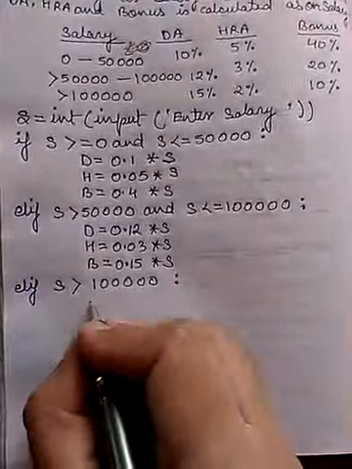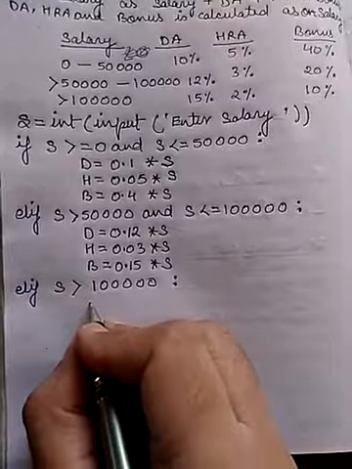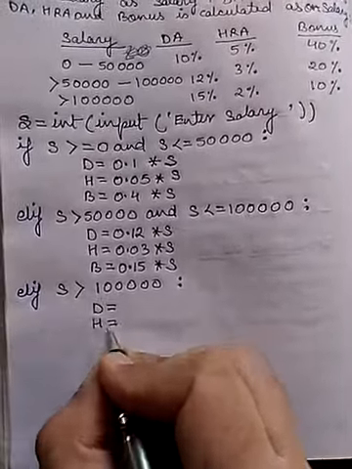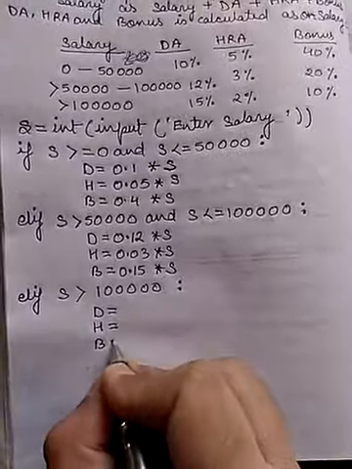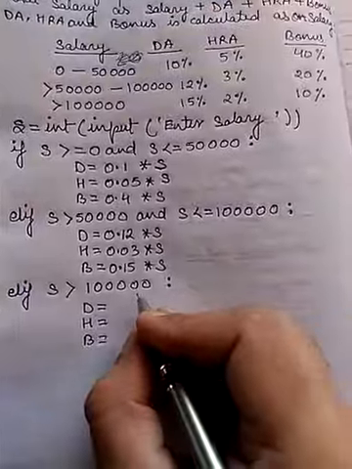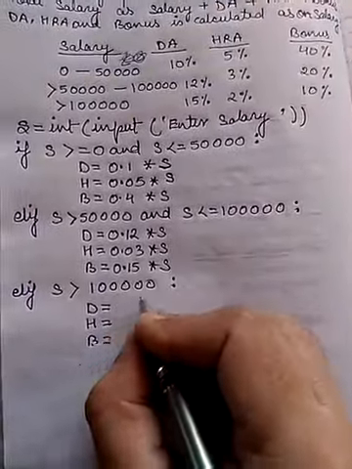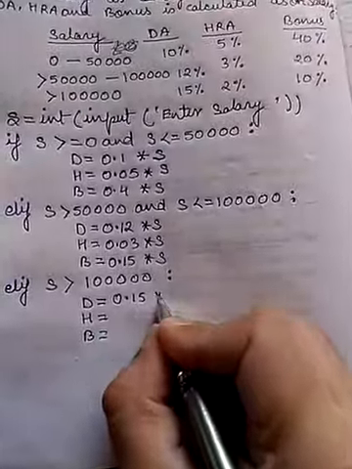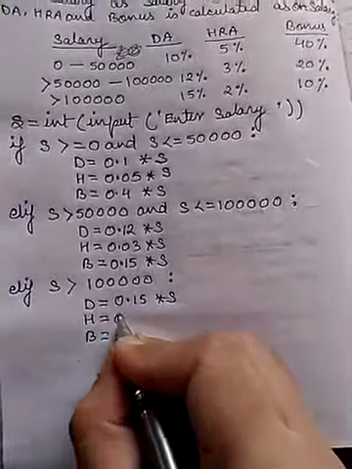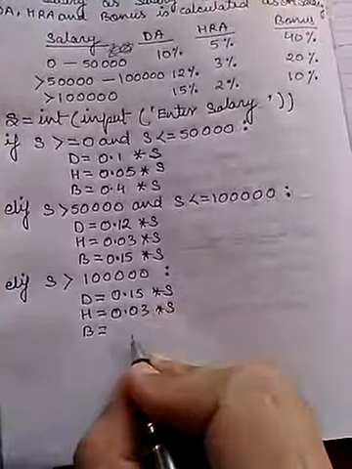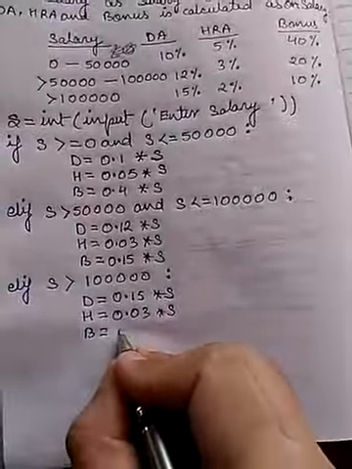So here it is again DA, HRA, bonus. It is 15%, it is 3%, it is 10%.